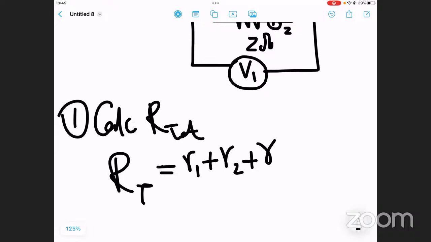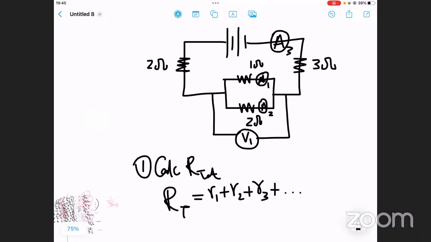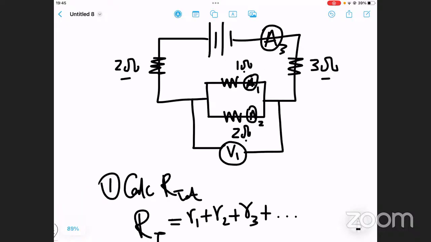But you can see that it's only these two and that three which are connected in series, because when it comes to that one and that two, they are connected in parallel, because of that wire, it branched when it got to that point. That split automatically makes it a parallel connection.